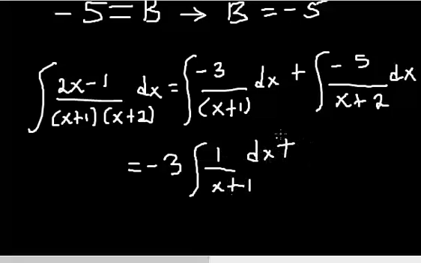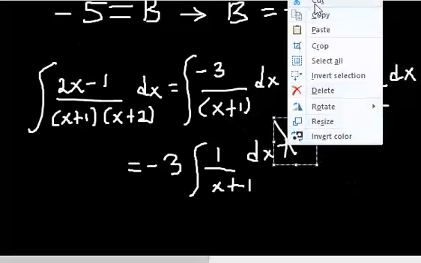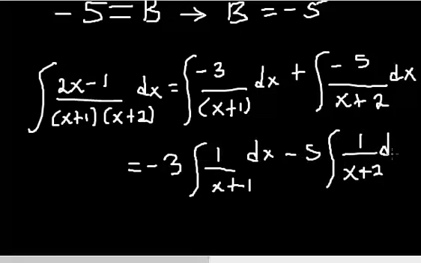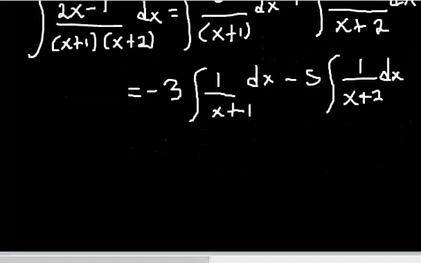Then of course minus 5 goes at the back of the integral value because it's a constant. That is going to be minus 5 integral value of 1 all over x plus 2 with respect to x. Now let's resolve.